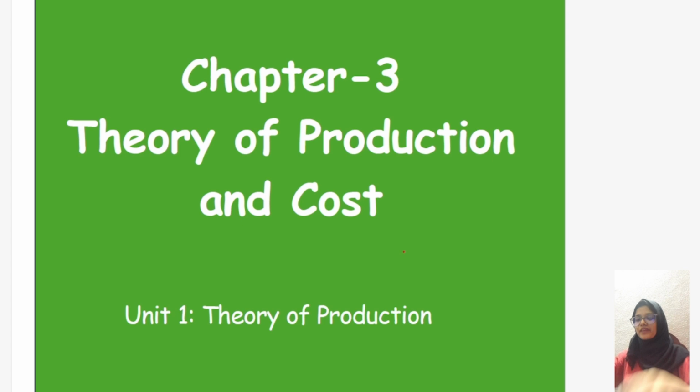Today, I have brought you another chapter, chapter 3, Theory of Production and Cost. So guys, in this chapter, we'll be talking about two units, Theory of Production and Theory of Cost. So basically in this chapter, they have talked about production, the process of production, how production works, how production takes place, and what are the inputs that are involved in production and the production function.